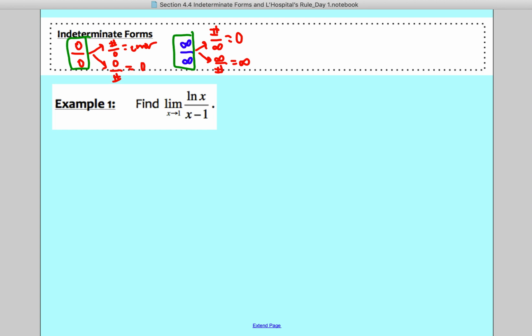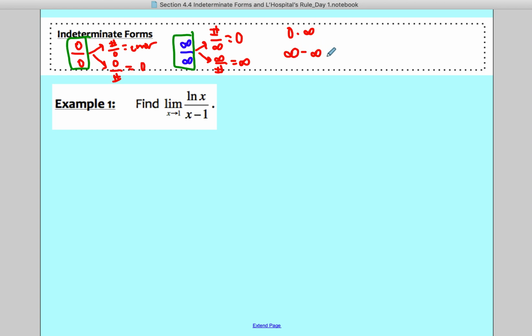But there are a few other ones. We got 0 times infinity. This one, you were always told 0 times any number is 0. However, if you take a really big number times infinity, times any number, it should still be infinity. So is the answer 0 or is it infinity? So this is another form of an indeterminate.